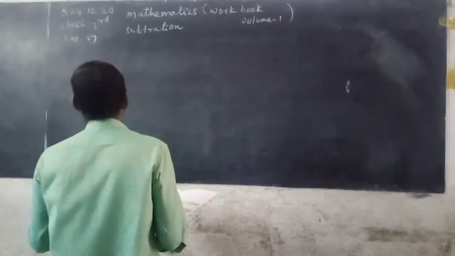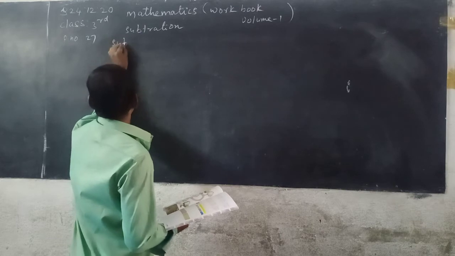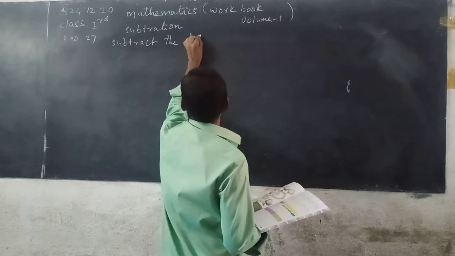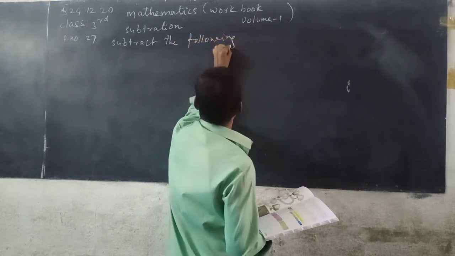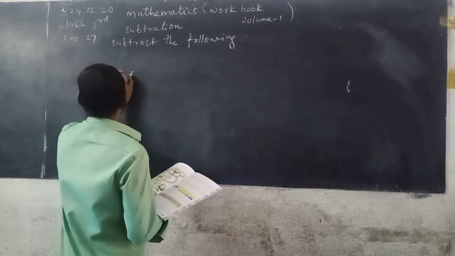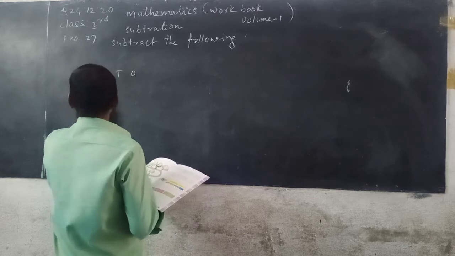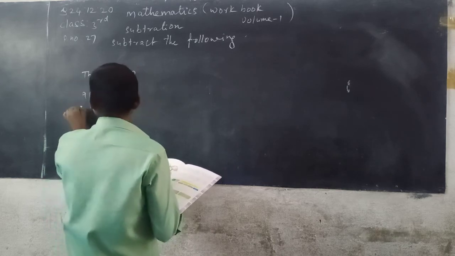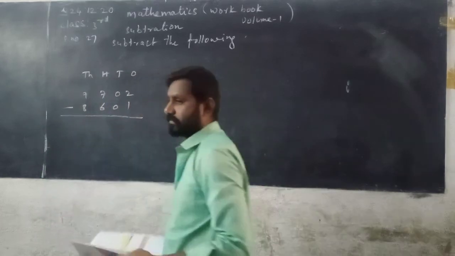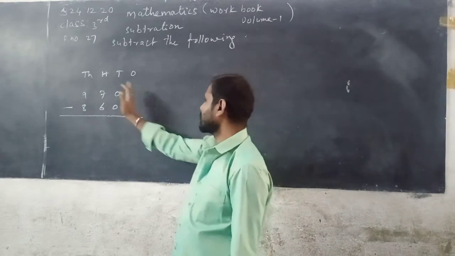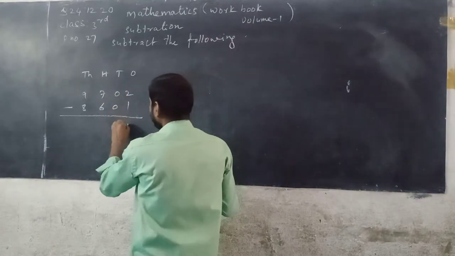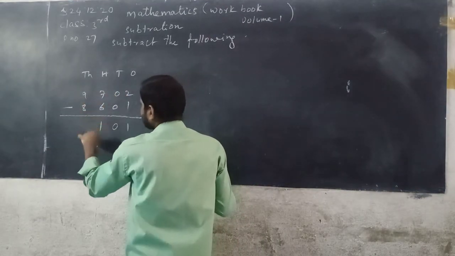These are 4-digit numbers. 9,702 minus 8,601. First subtract in the ones place, tens place, hundreds place, thousands place respectively. 2 minus 1, 1. 0 minus 0, 0. 7 minus 6, 1. 9 minus 8, 1.